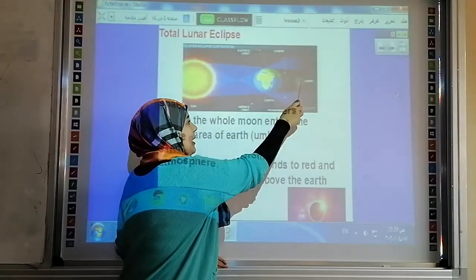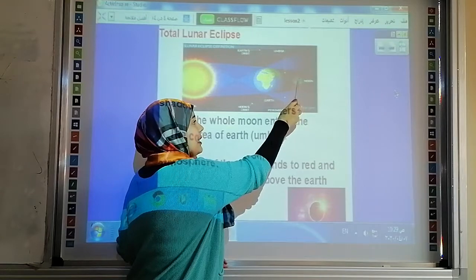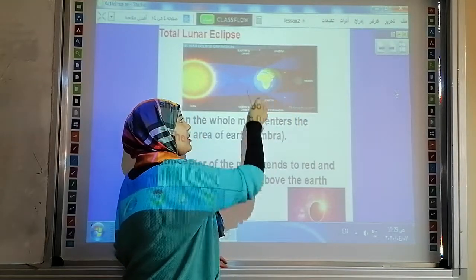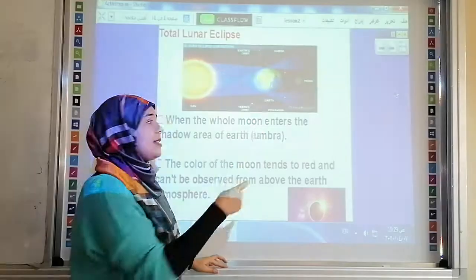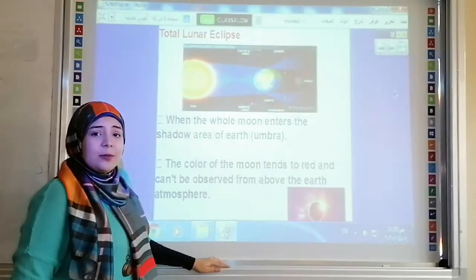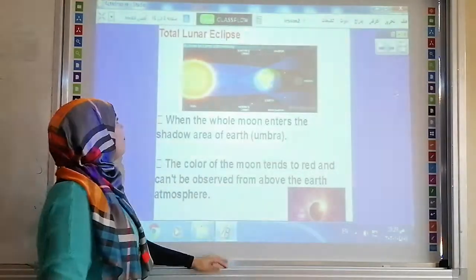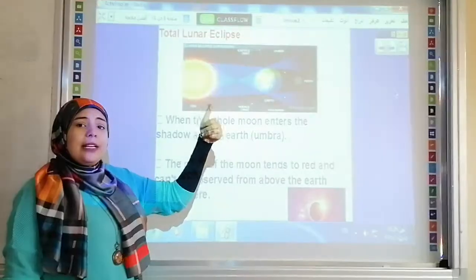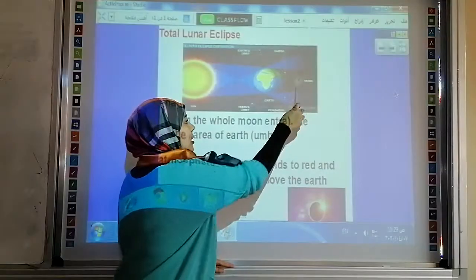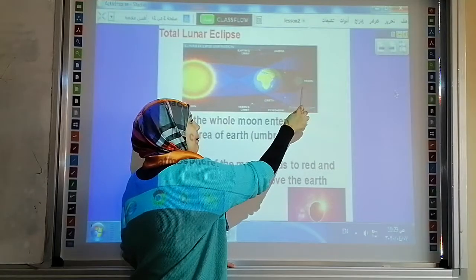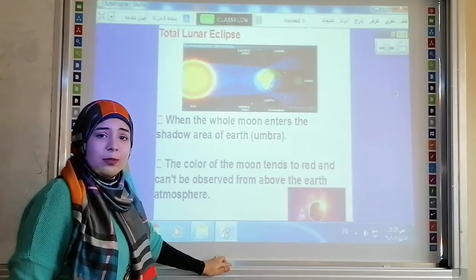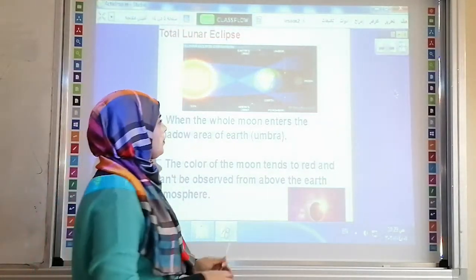So the moon in this case will be red in color. So the first type of lunar eclipse is the total lunar eclipse. It happens when the whole moon is in the umbra region, and in this case we will see the moon as red in color.